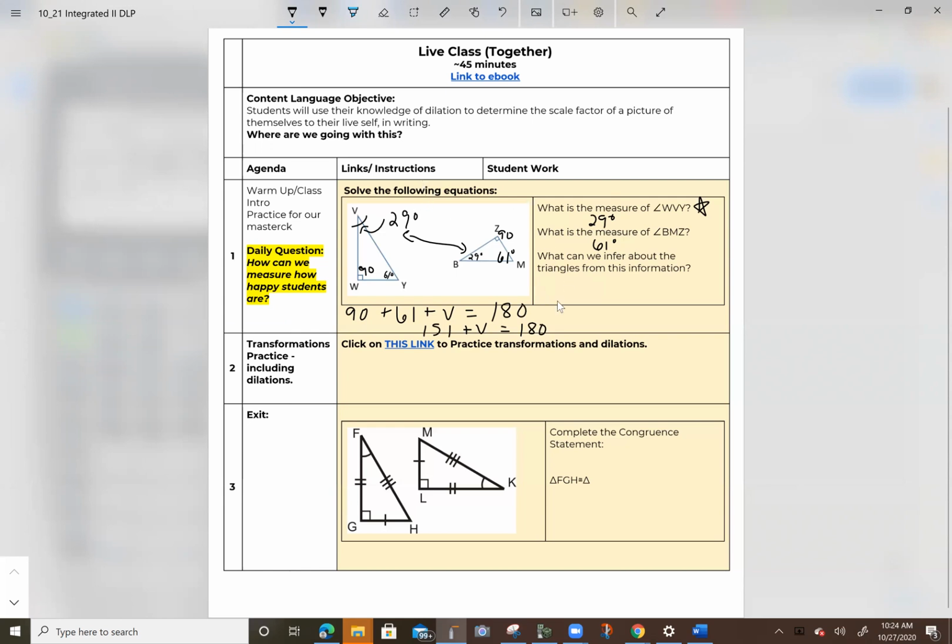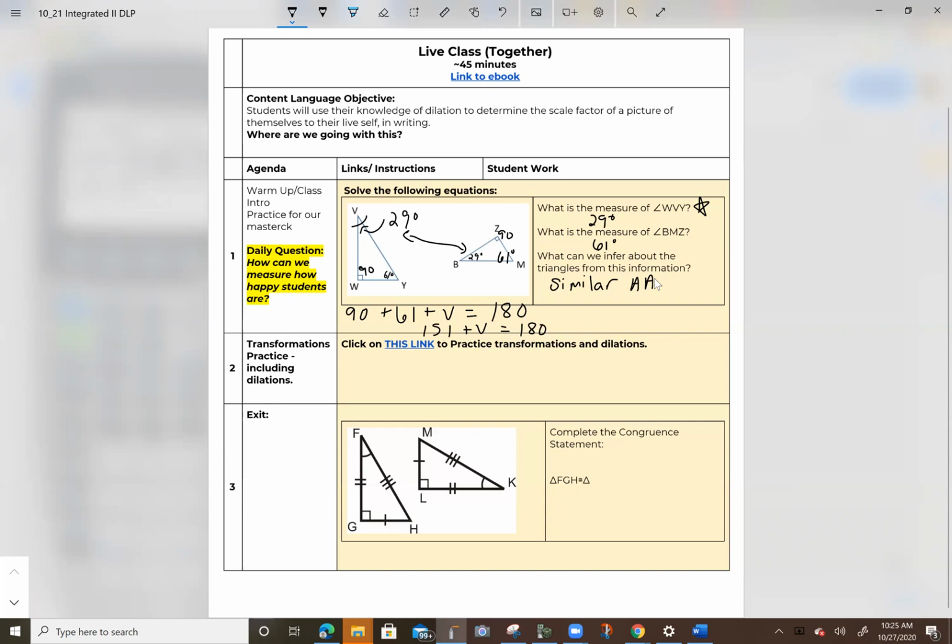Well, I can tell that they are similar by the angle theorem. As long as triangles have at least two angles congruent, then they are similar. Similar means that they have the same angles, but their sides are proportional. They may be congruent. I can't tell if these triangles are congruent.